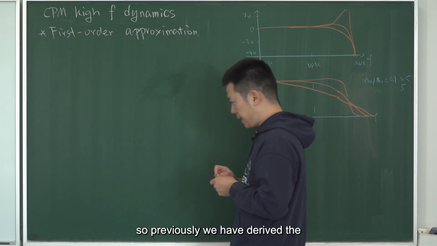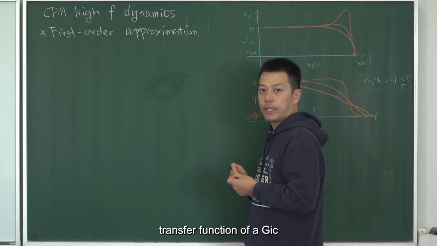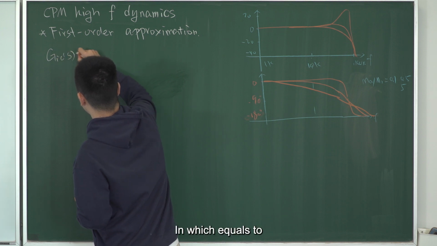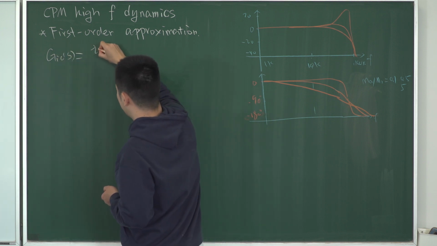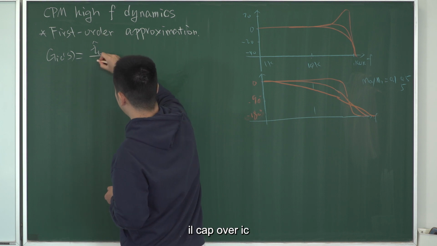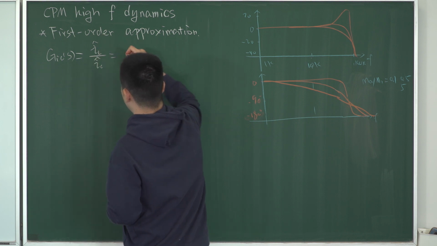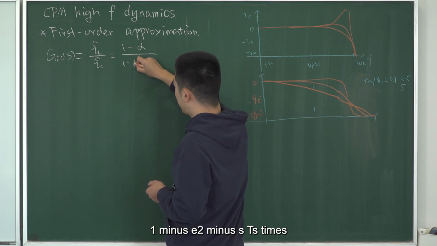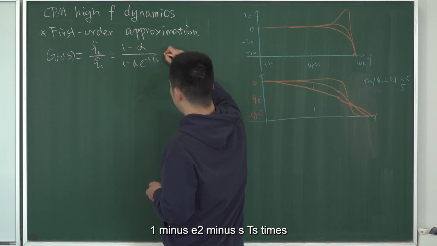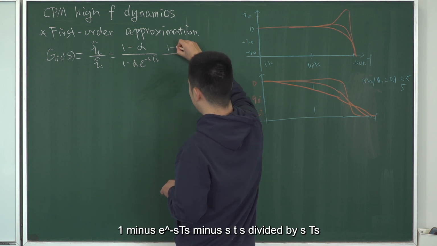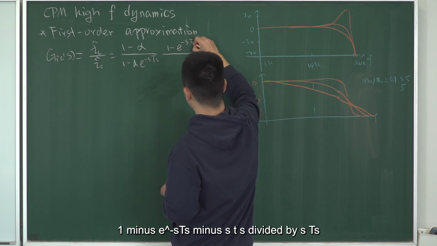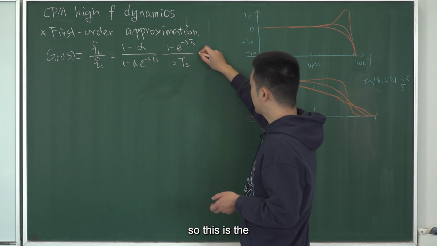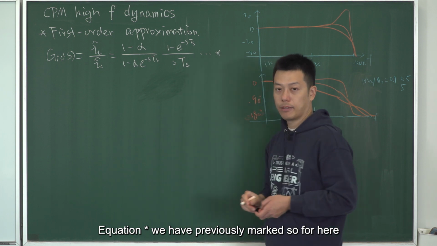Previously, we have derived the transfer function of GIC in S-domain, which equals IL cap over IC. So it equals (1 minus alpha) divided by (1 minus alpha e^(-sTs)) times (1 minus e^(-sTs)) divided by sTs. This is the equation star we have previously marked.